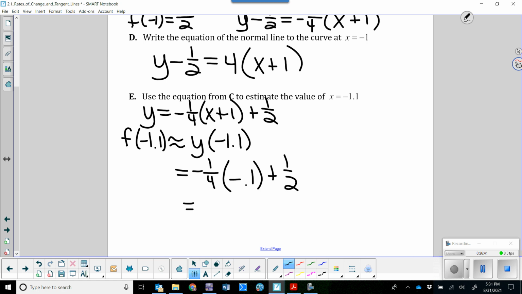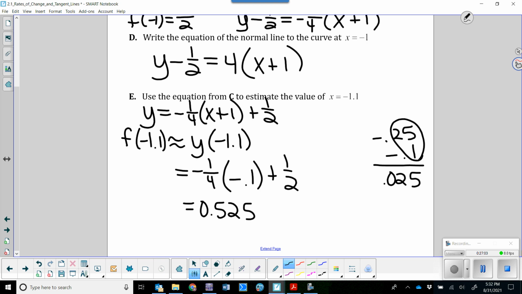So over here, let me just write negative 0.25 is going to get multiplied by negative 0.1. So you're going to get 25. And then you have 3 decimal places, so you have to add a 0. You get 0.025 plus 1/2, which is 0.5. So this ends up being 0.525. Okay, and so that's your estimate.